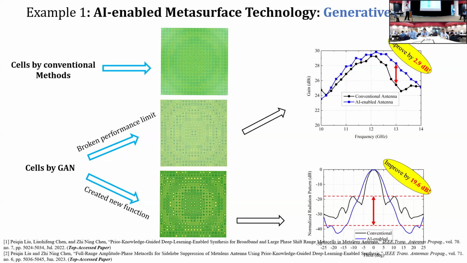But in our design, we can integrate these two functions into one design. Then with one design, we can also achieve a very nice result, so that we suppress the side lobe by 30 dB, that means 20 dB improvement compared to the conventional one. So this is also breaking the ceiling of the performance. Okay, so this is just an example.